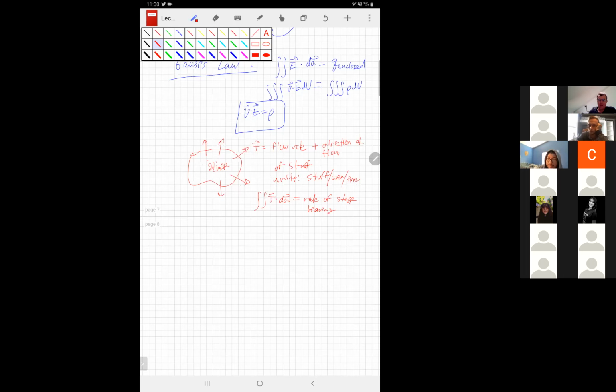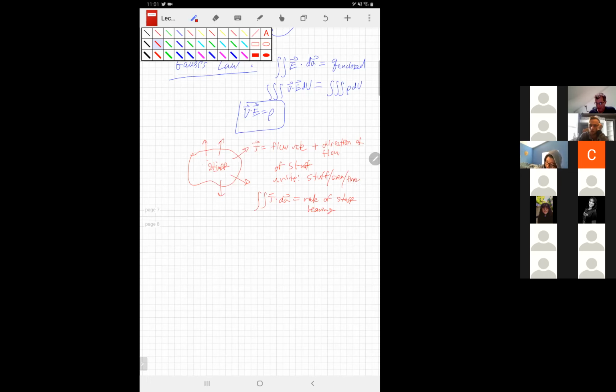I could be talking about the flow of energy, equations for the flow of light, or even the flow of momentum in certain kinds of fluid dynamics problems. But the flow of stuff, and the integral of J dot dA is the rate of stuff leaving.